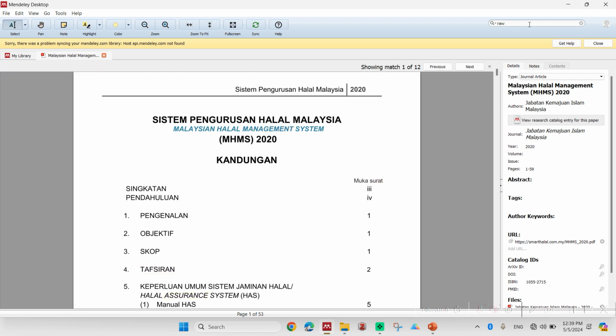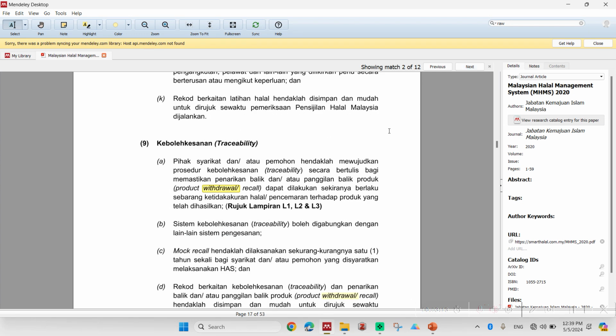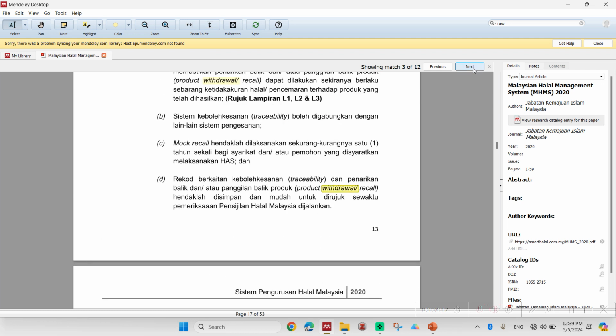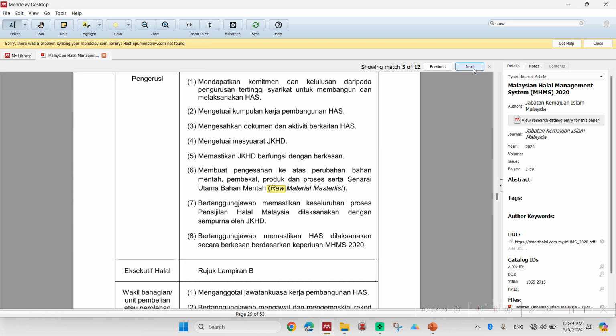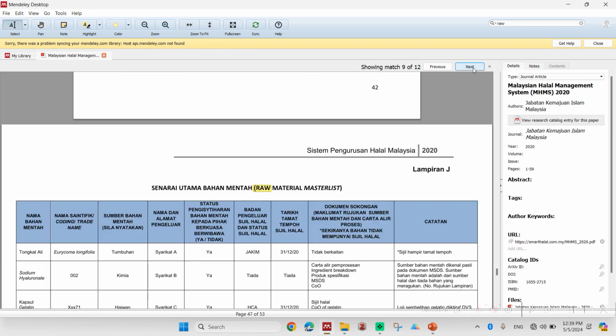Raw material: if you remember, when you learned about the steps on product description, it's compulsory to have a raw material master list. So how does it look like this?